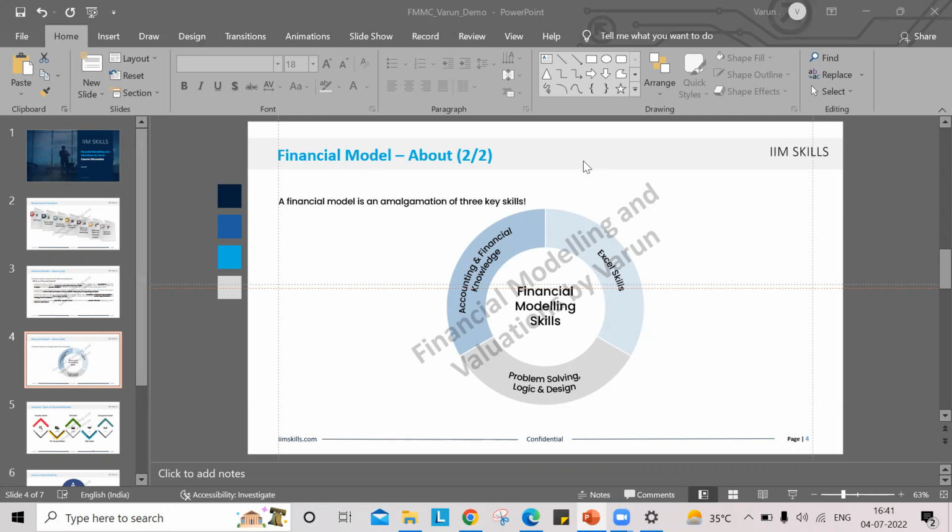I see that as they asked, do we need VBA too? If you have to prepare a financial model, there is no prerequisite understanding of VBA needed, but we will touch base on the macros and VBA so that we have a very basic or a loose understanding of that. That is covered in our curriculum and will be taught with full excitement. But that's not a very necessary skill needed for financial modeling.